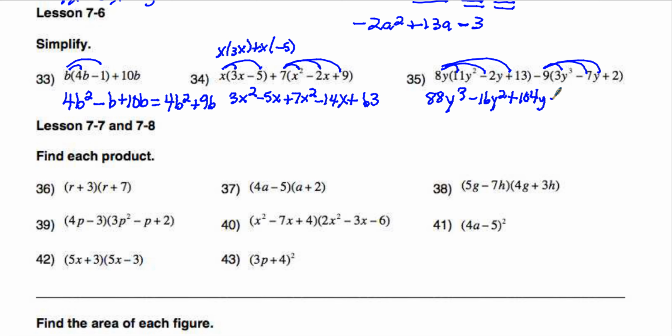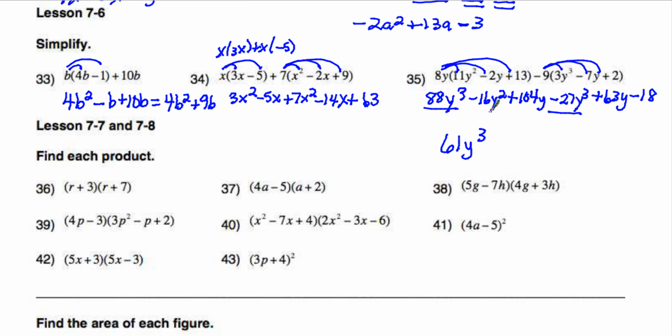Then this will be negative 27y cubed plus 63y, and then minus 18. Okay, so I've got y cubed here, and I've got y cubed here. So 8 minus 27 is... so we should have gotten 61y cubed.